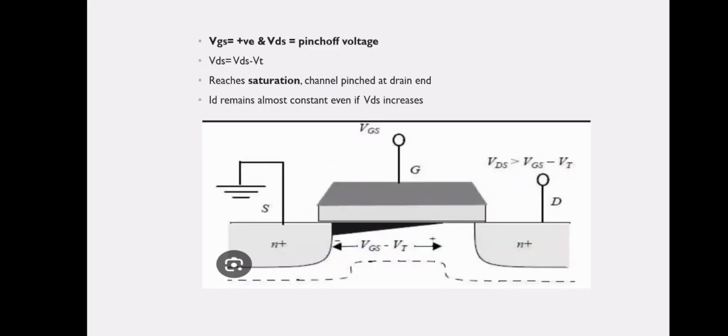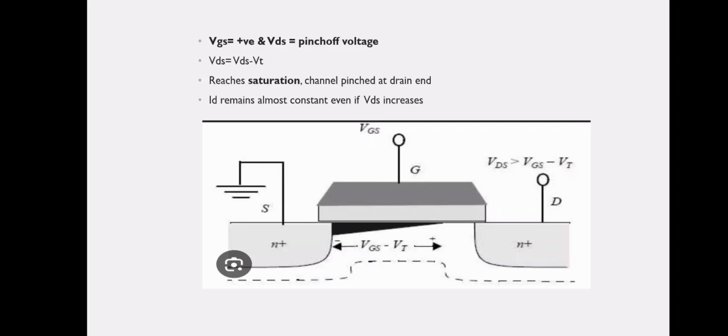And at a particular voltage known as the pinch off voltage, the channel will be completely pinched off at the drain end. At that point, the gate source voltage will be just above the threshold voltage VGST. At this pinch off voltage, the channel will be completely pinched off at the drain end, and there will no longer be an increase in the drain current even though you increase the VDS.